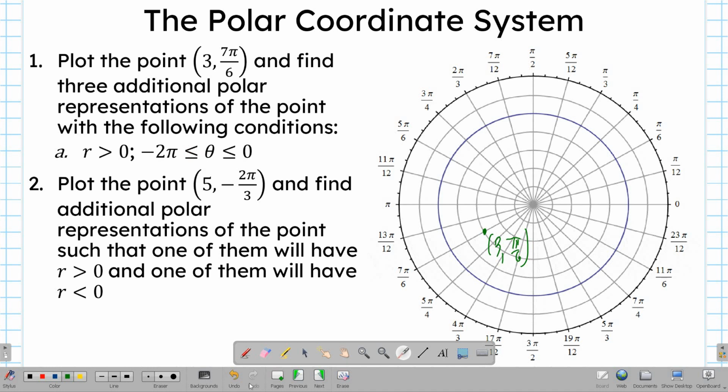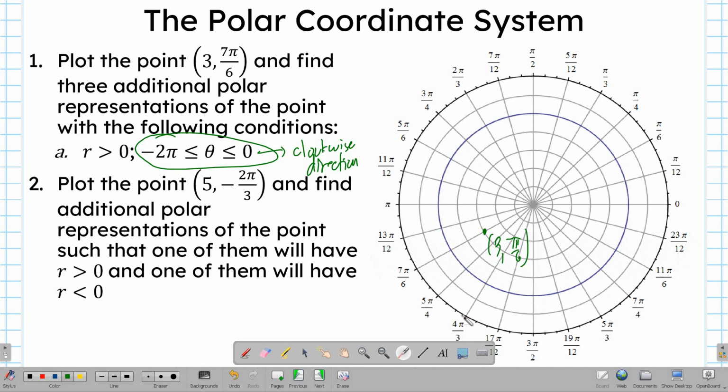Since θ is between -2π and 0, this tells us that we are going to have a clockwise direction, because it's from -2π to 0. So we have to start from 0 going this way.